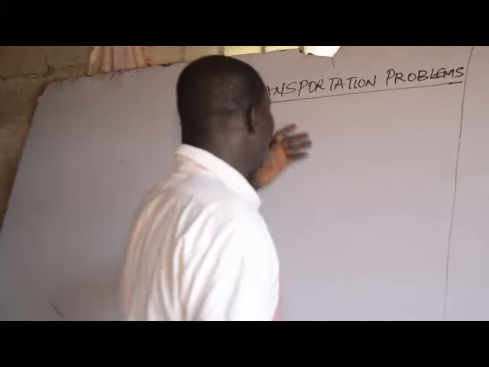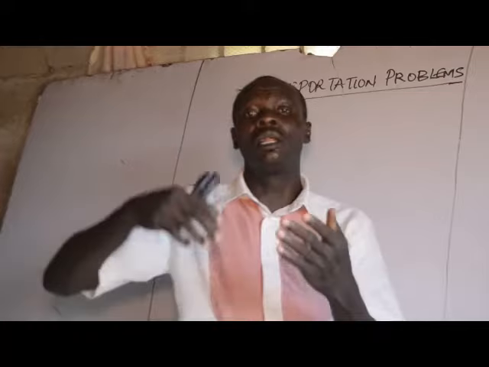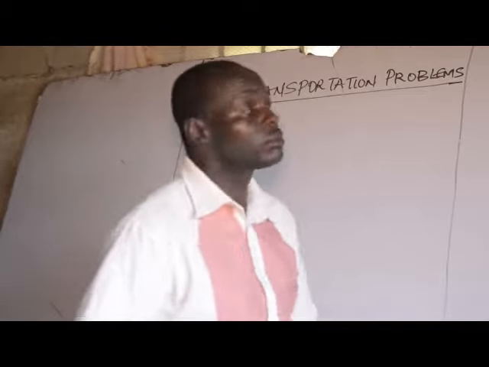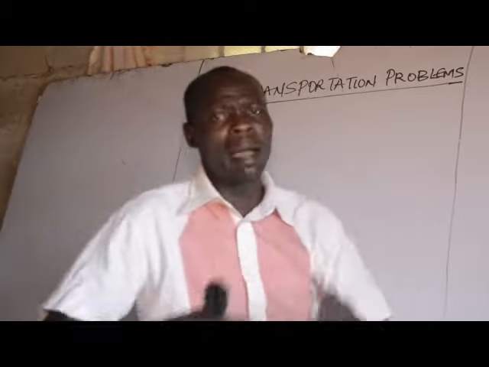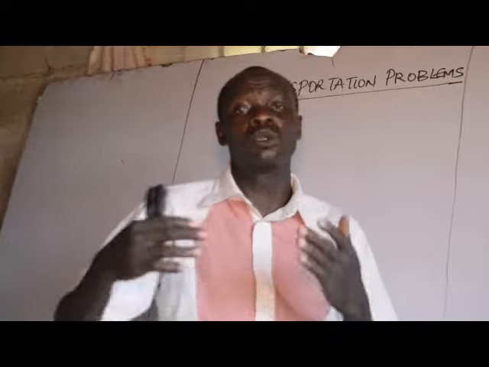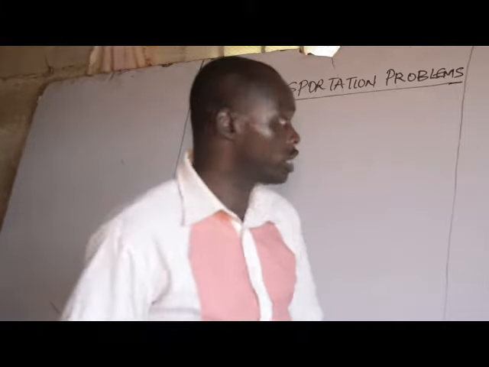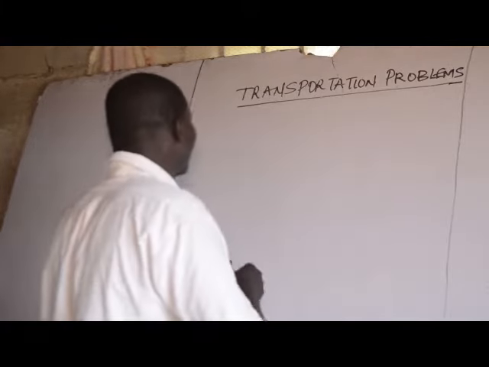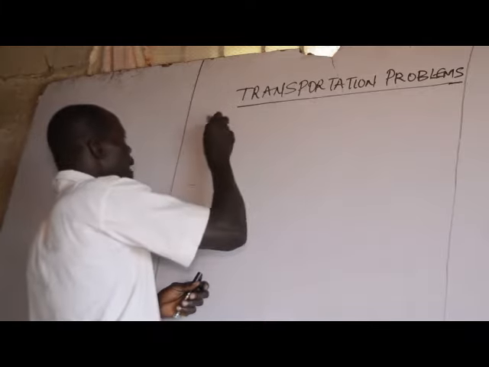So, I've told you that the transportation problem is a special class of linear programming that aims at minimizing the total cost of transporting goods from their various sources. So we have balanced transportation problems.